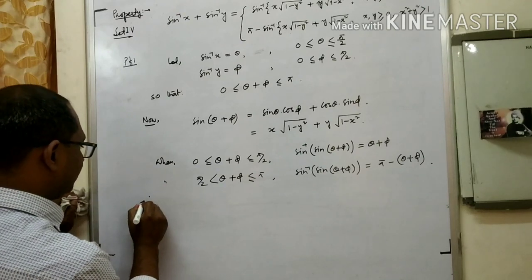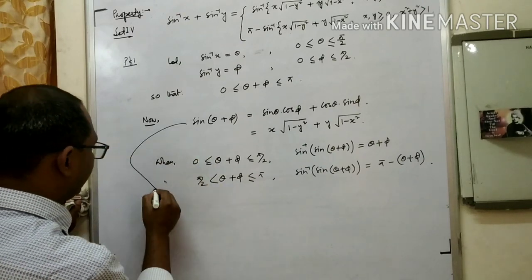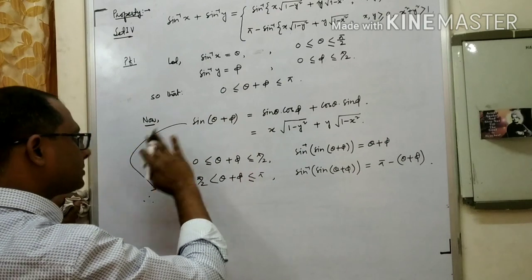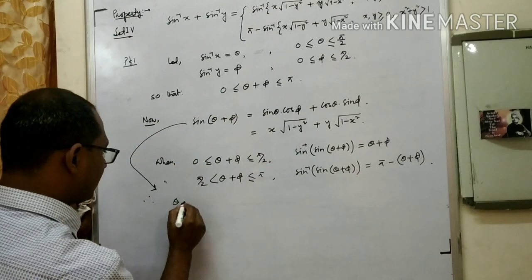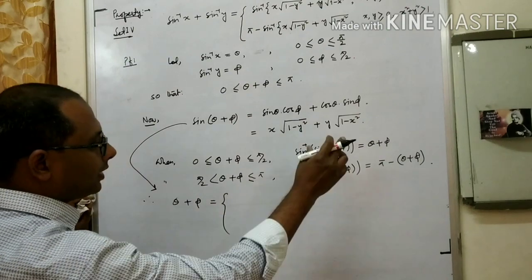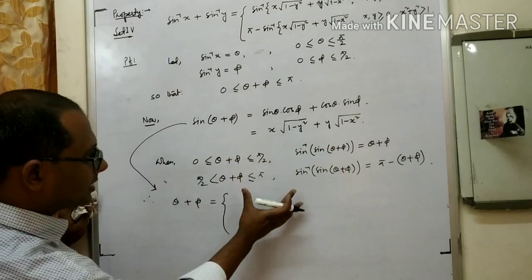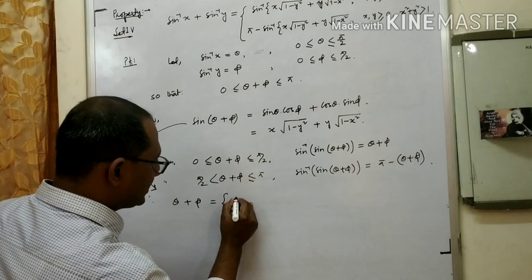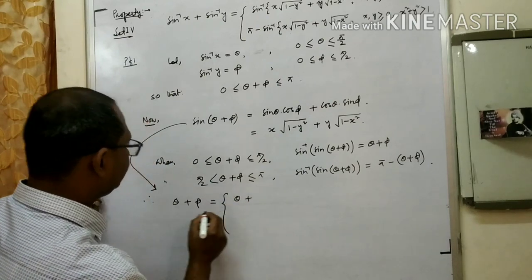Therefore, from here, if we take sine inverse on both sides, theta plus phi will have two values, one for this interval and one for this interval. One is theta plus phi itself.